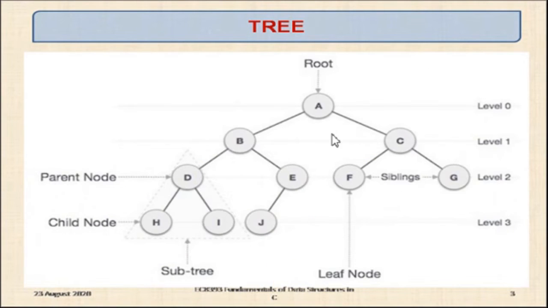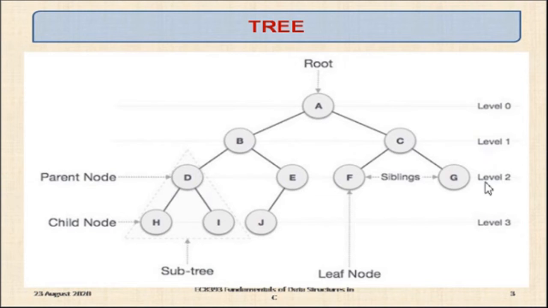Here the tree is shown in the figure with the different terminologies. There are some terminologies associated with the tree in the data structure, like root node, parent node, child node, siblings, leaf node, etc. And here we have different levels like level 0, level 1, which are nothing but generations: first generation, second generation.